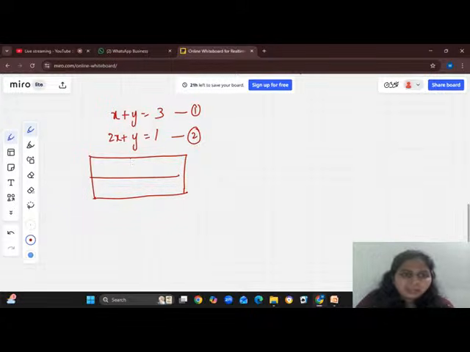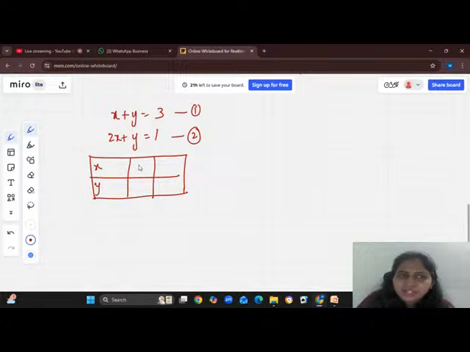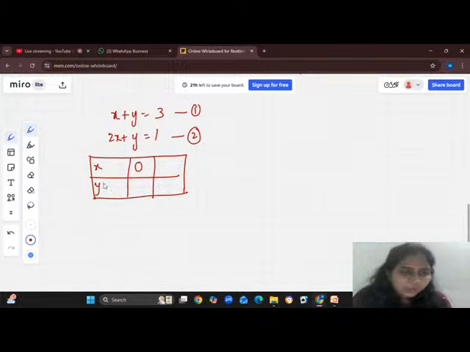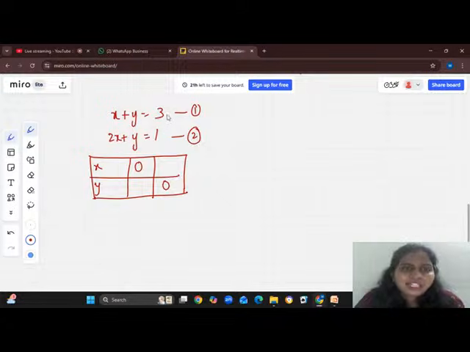Remember, first write down x and y and just take two values only. The first value: take x as 0, substitute in the equation and find out y. Now, in the second case, take y as 0 and find out the value of x for equation number 1.